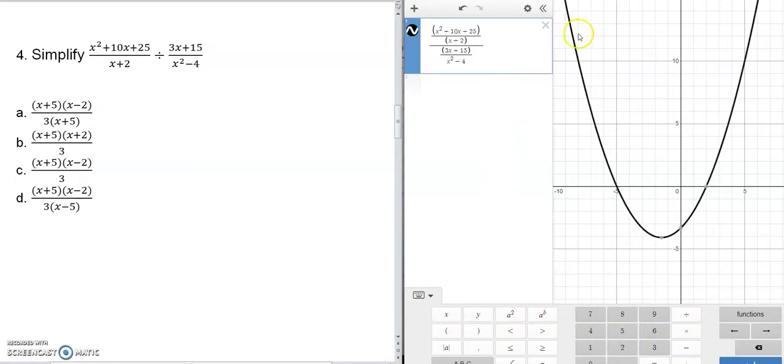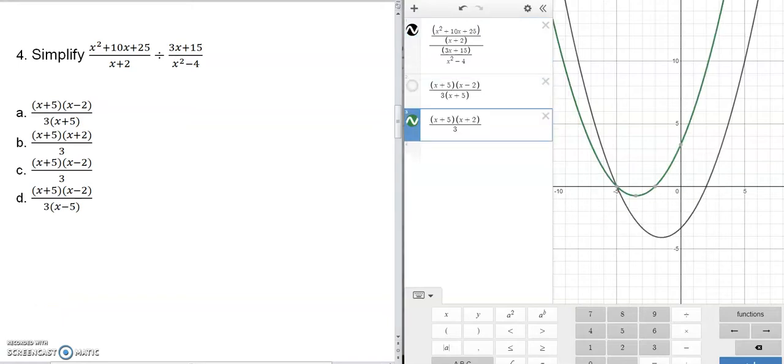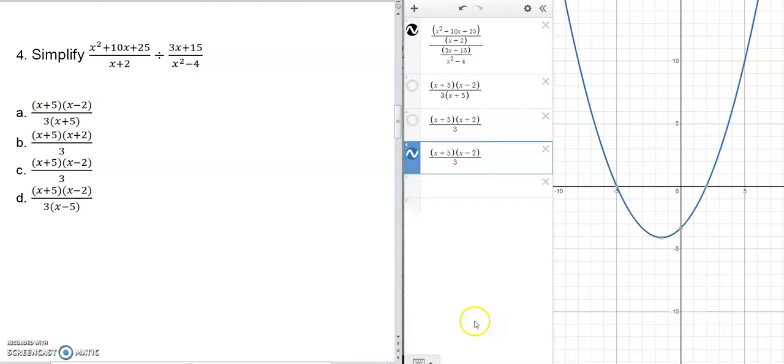All right, so this is the graph we came up with, and all we need to do now is plug in each of the answer choices and see which one overlaps. So this one is letter A, and A is not the answer. Plug in B. As you can see, it's not B. Let's plug in C. And there you go, we found the answer. The answer is C, it's the one that overlapped with our original graph.